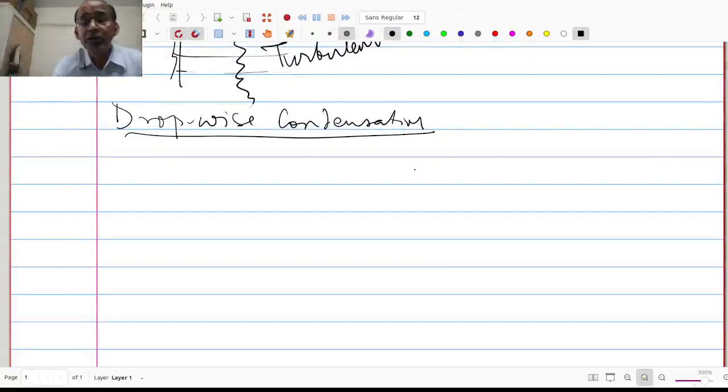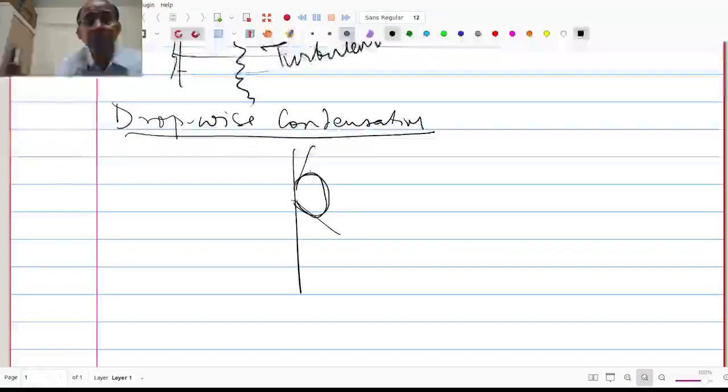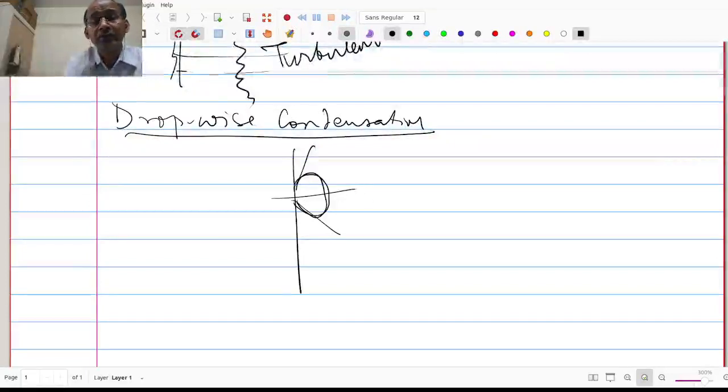So on the vertical surface, if I have a droplet formed, the droplet stays like this, right, with the angle which is obtuse. Okay, so if I look at the angle of the liquid from the solid surface, it is an obtuse angle. It is not so in the case of film-wise condensation. It was an acute angle. Here, the angle is obtuse.